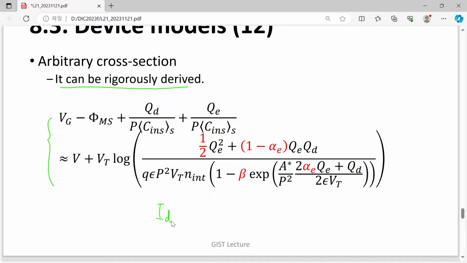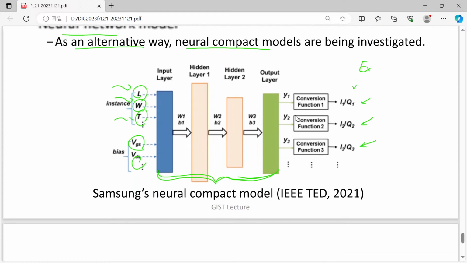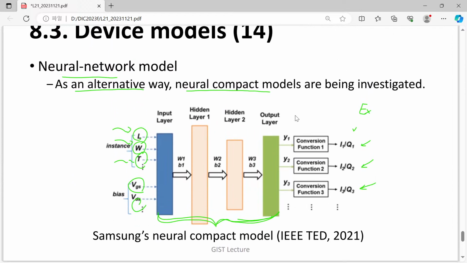So although we have just a single 4-terminal device, inside this BSIM model tons of calculations are internally done. Compared with this heavy computation, although we have to spend a certain computational effort on the training stage, once it is trained well, the inference, just the calculation of current or charge, becomes much more efficient than the BSIM model.